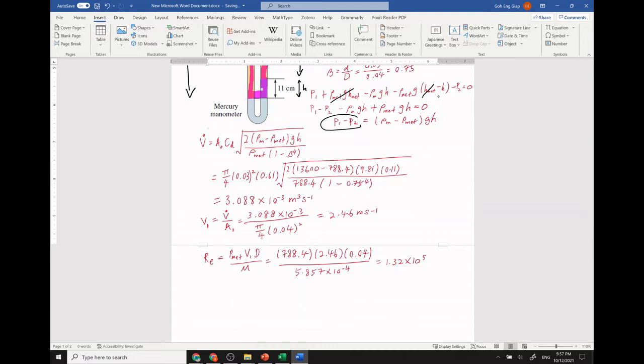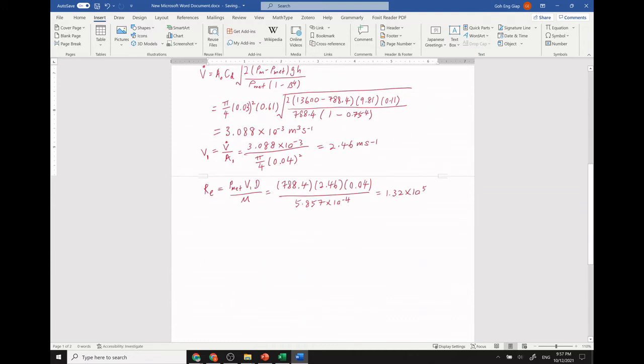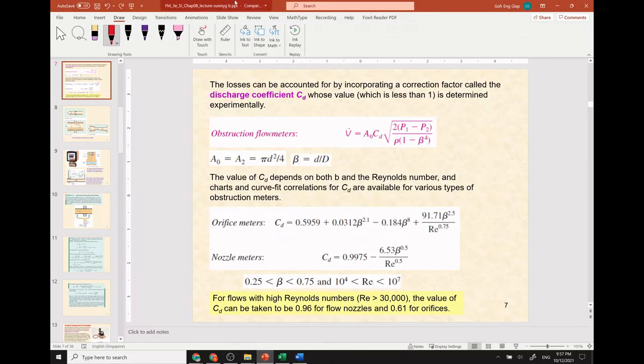Alright, so with this Reynolds number, we can actually calculate the discharge coefficient value, CD value, by using this equation. So we shall do this now.